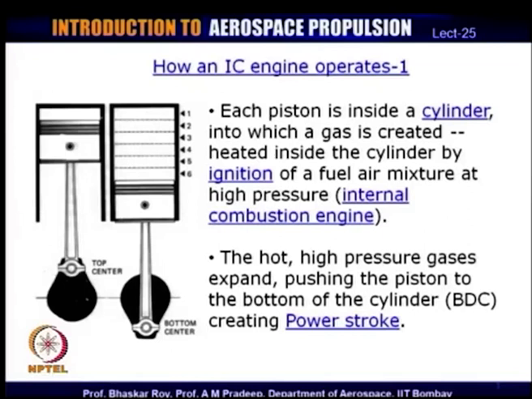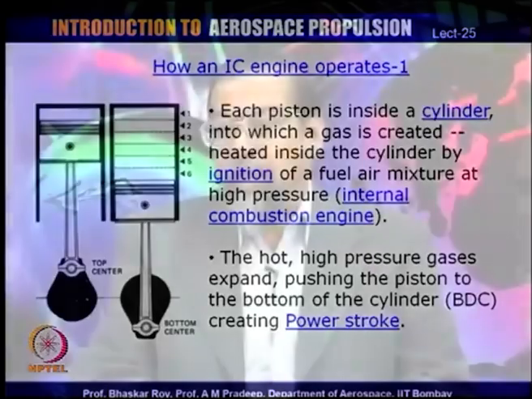Inside the cylinder you have a piston, and the movement of the piston allows a certain amount of air, which we often call charge, to come in, and then the fuel is burnt, and what is created is a gas, which is a mixture of air and burnt fuel. And when this hot gas starts operating, the piston moves inside the cylinder, and this creates the power or work, and that is what we are mostly interested in.